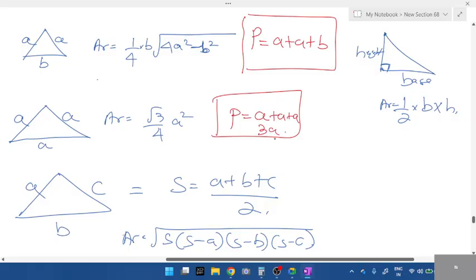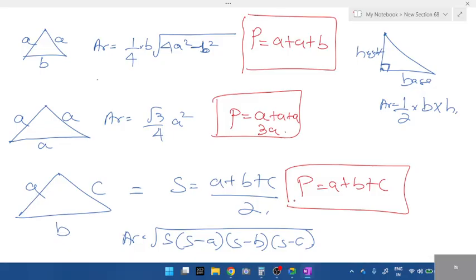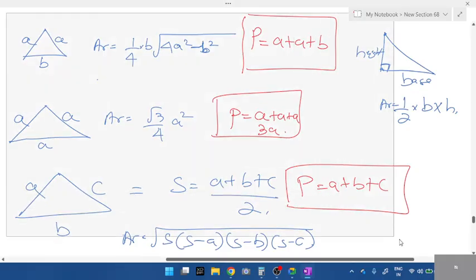Whenever you find a value, for this, what is the perimeter? Add a plus b plus c. Just do the perimeter. So these are the formulas for whatever we have studied: parallelogram, trapezium. After that, factorize. Two concepts. Done.